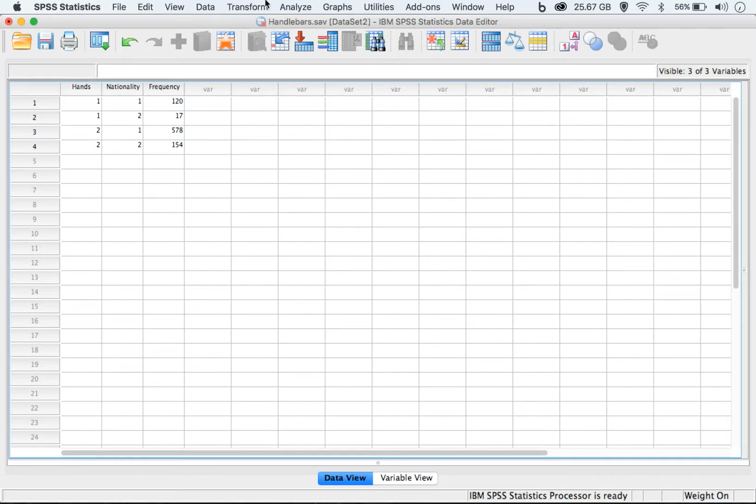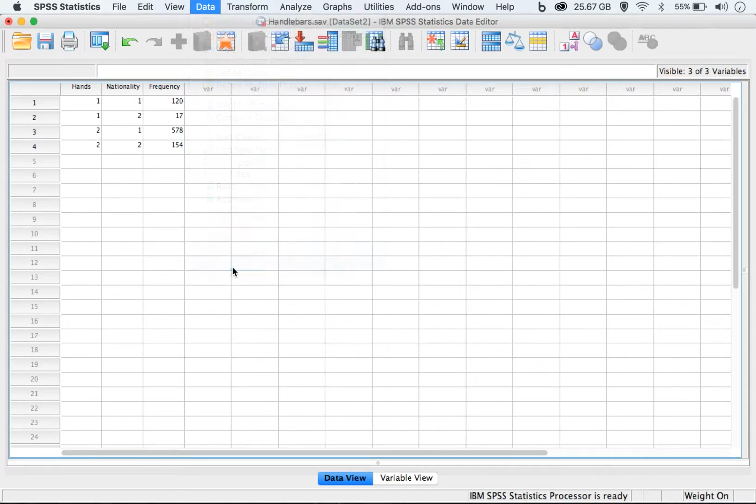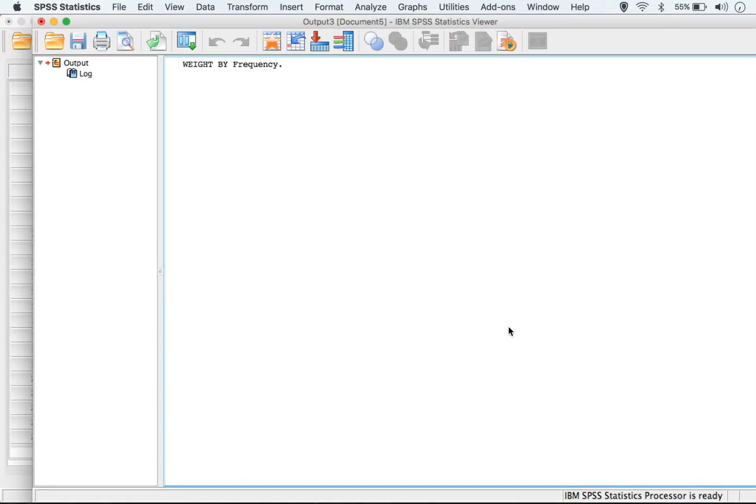But what you're going to do is go to Data, Weight Cases, and then you're going to click on the frequency variable. You're going to say weight cases by, move it into this category here, and then just click OK. Then that tells SPSS to remember which variable actually contains the frequencies to use.